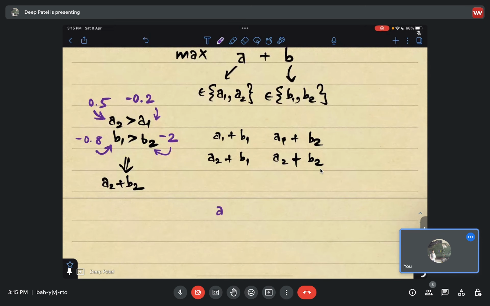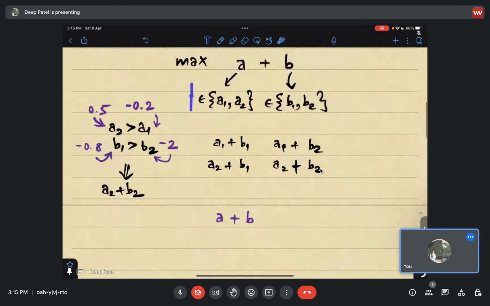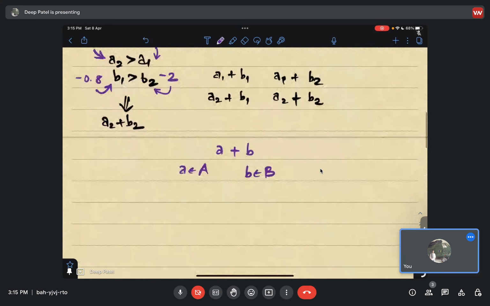Let's say a plus b, where a belongs to A and b belongs to B. So a is less than or equal to max.